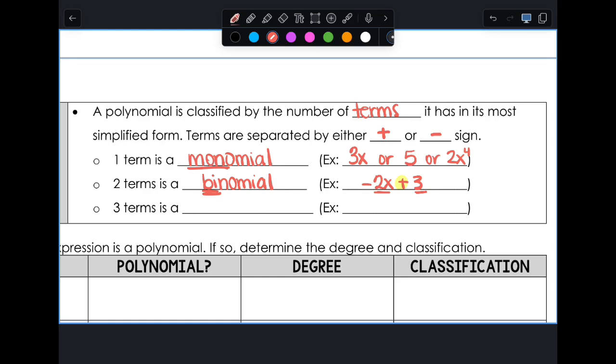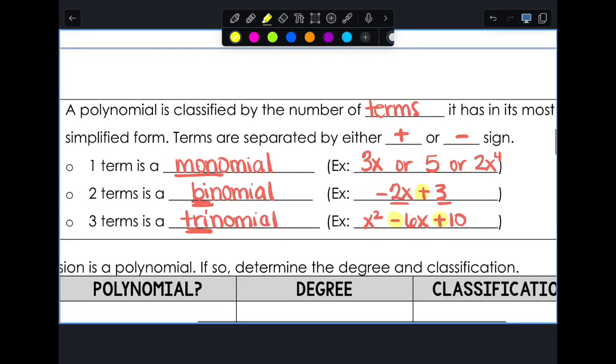And then, what is the prefix for 3? Trinomial. Tricycle, 3 wheels. So an example would be x squared minus 6x plus 10. You have 3 groups of numbers separated by a plus and a minus sign in this one, okay?